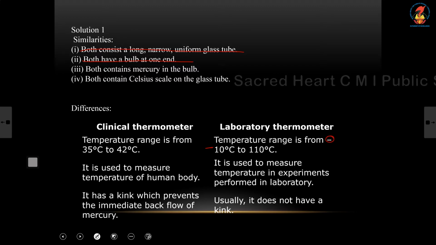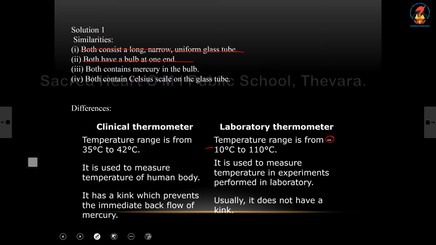Laboratory thermometer is used to measure the temperature in experiments performed in laboratories. Then it has a kink which prevents the immediate backflow of mercury. The kink will prevent the fall of mercury. So this is the answer for the first question.